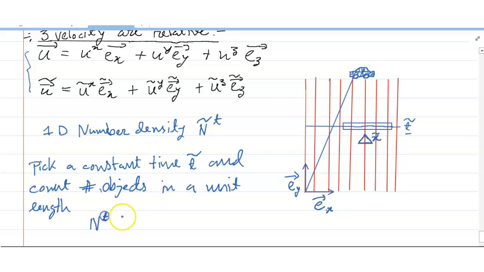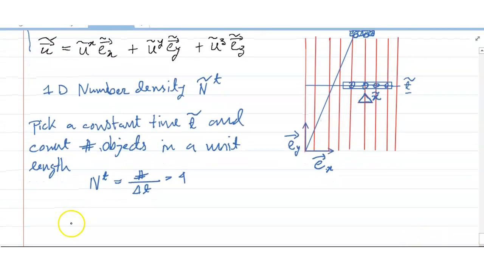Then nt is equal to the number of objects divided by del t. You see that there are 4 objects, so it is 4. If there are 3 objects, then it is 3, and n bar t equals the number of objects divided by del t, which equals 4.